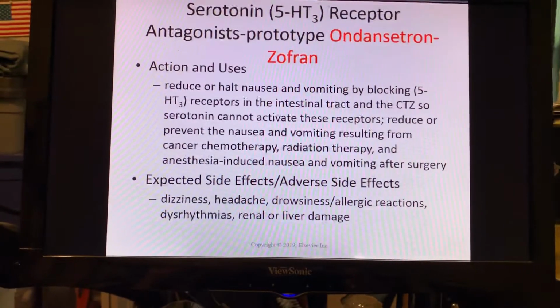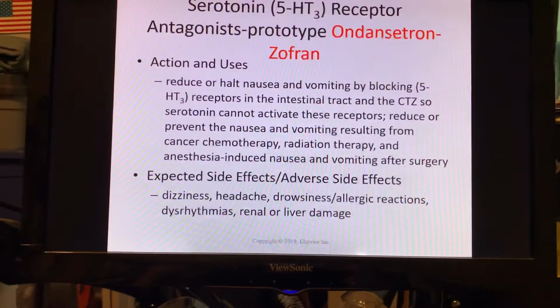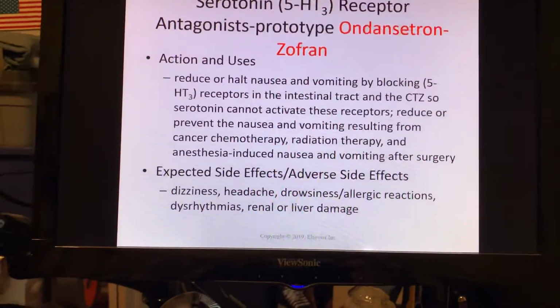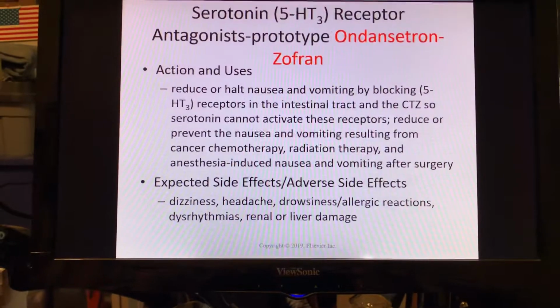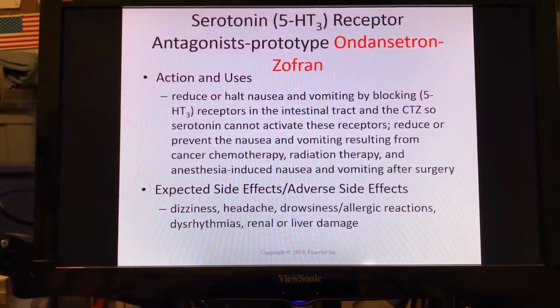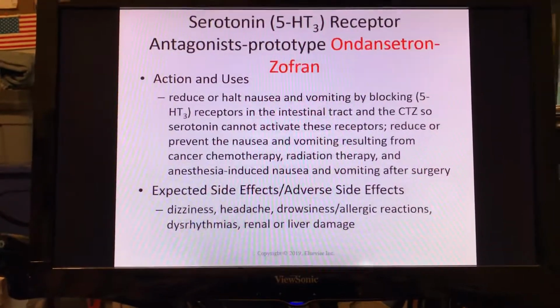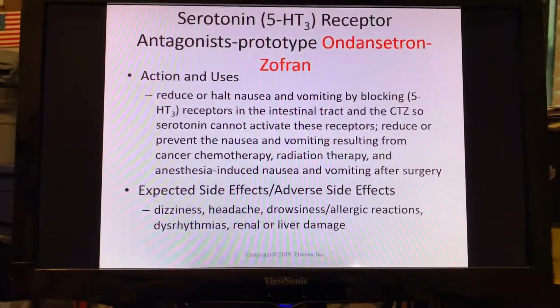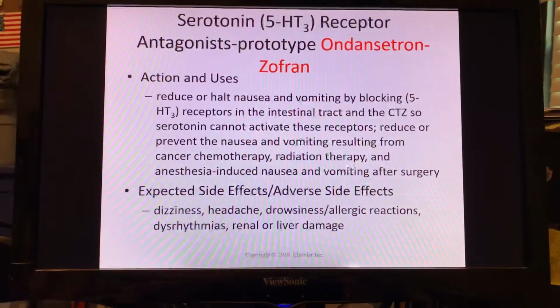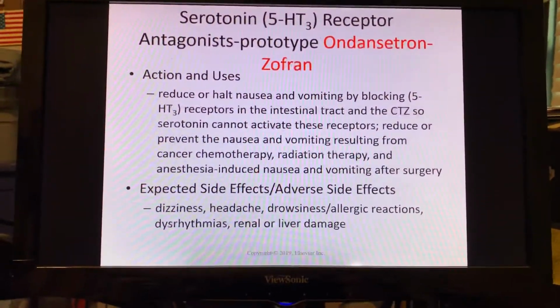And this is very effective after cancer chemotherapy, after radiation therapy to the GI tract particularly, and the nausea and vomiting that you can get from anesthesia after surgery. Zofran works really, really well. Zofran can be given IV or it can be given PO. It can also be given IM.